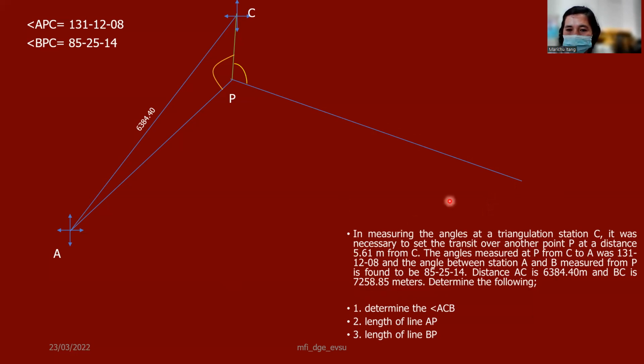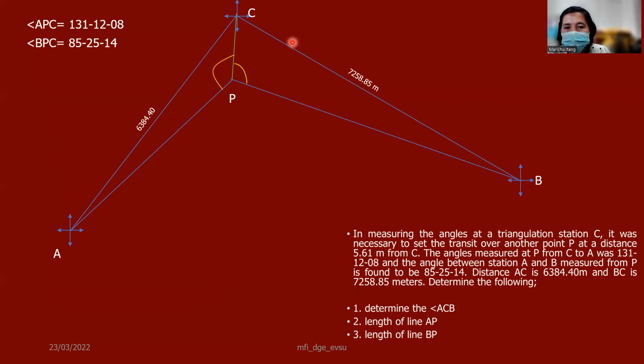This is the distance here. So we are going to measure from C, 7,258.85 meters until it intersects the line of point B. So let's say this is now the location of our point B. Here is 7,258.85 meters, and this is now our point B.